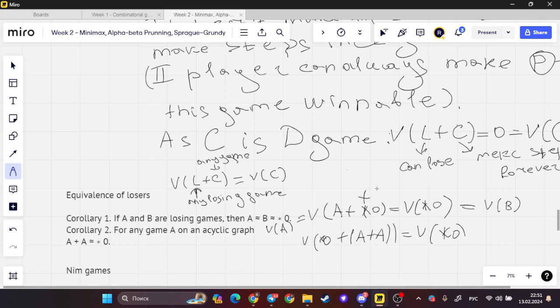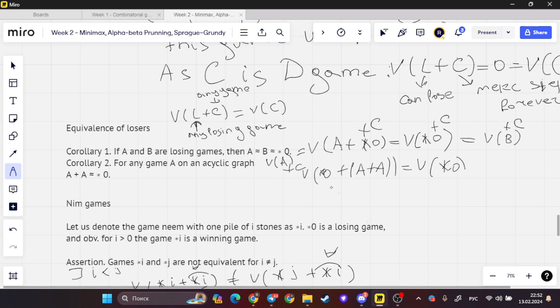We just add C to this and that's it. C is any game. The second corollary is obvious too. We have that this is any game. Any losing game. And that's it.